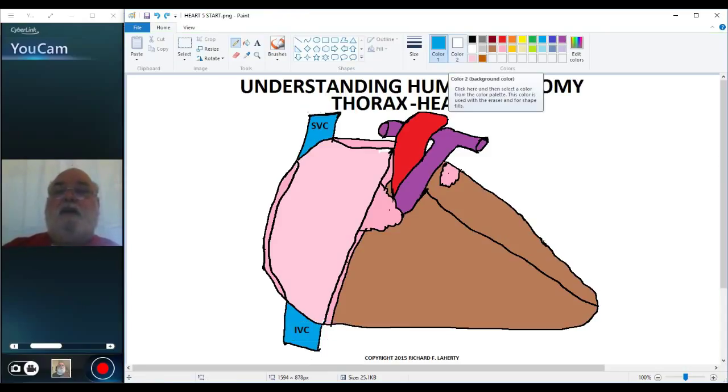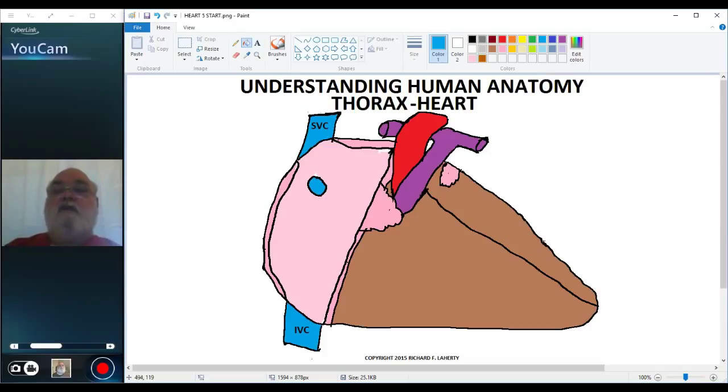We have a third vein opening into the right atrium, and this vein is carrying venous blood from the heart itself. And it opens near the opening of the superior vena cava. I'm going to draw in the outline of the opening of the coronary sinus. And then I will color it the same color as we've colored the superior and inferior vena cava to indicate that it is bringing deoxygenated blood into the right atrium.